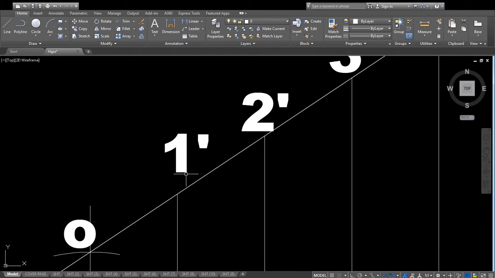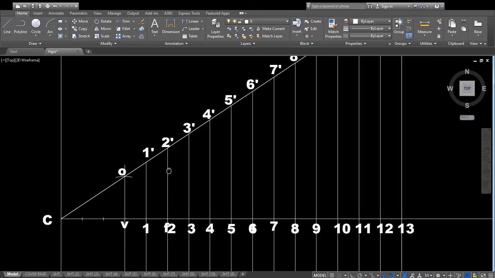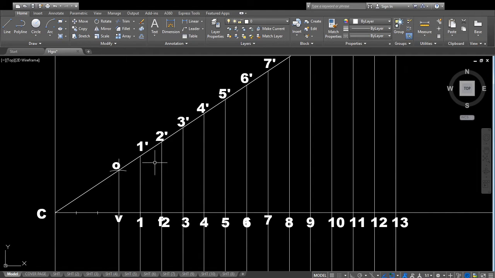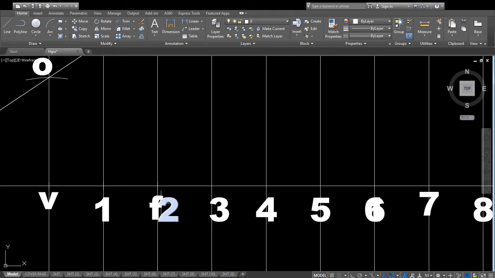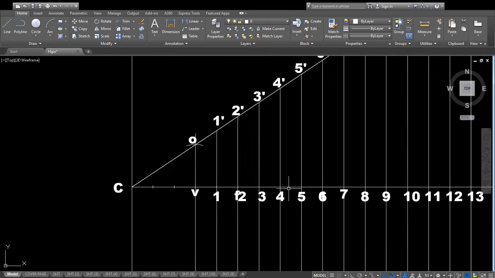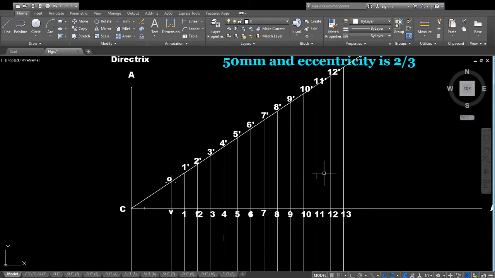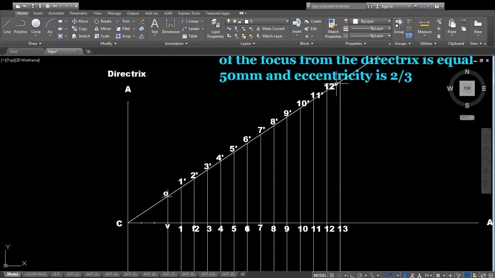And I think we are good now. We have 0, 1, 1 prime, 2, 2 prime, 3, 3 prime. You can see that our 2 is coinciding with the F, which is the focal point. No problem with that. Till 12, 12 prime, 13, 13 prime.